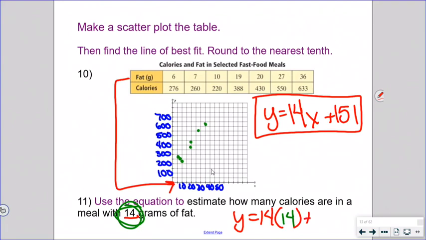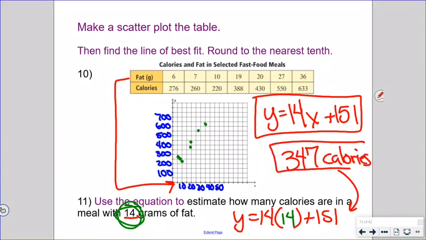Plus 151. And the number that you end up with should be 347 calories. Yep, that should pretty much do it.